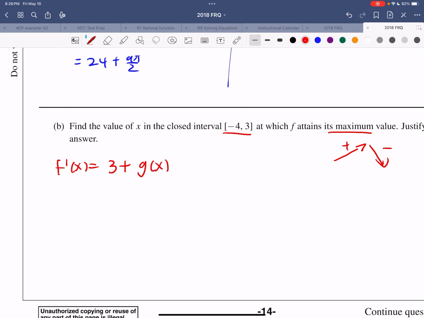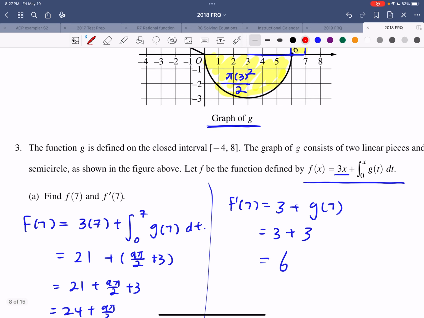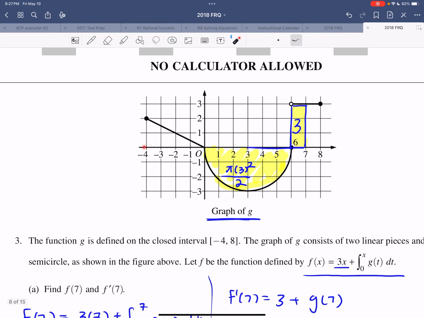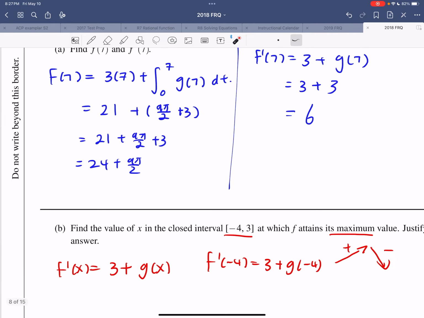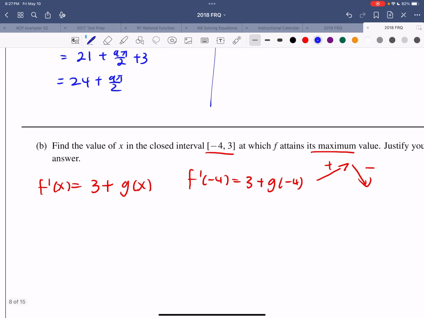So f prime of -4 is going to be 3 plus g of -4. G of -4 is, look at this, -4, do you see here? G of -4 is equal to 2. So this is gonna be 2. So it's gonna be 3 plus 2 equals 5.